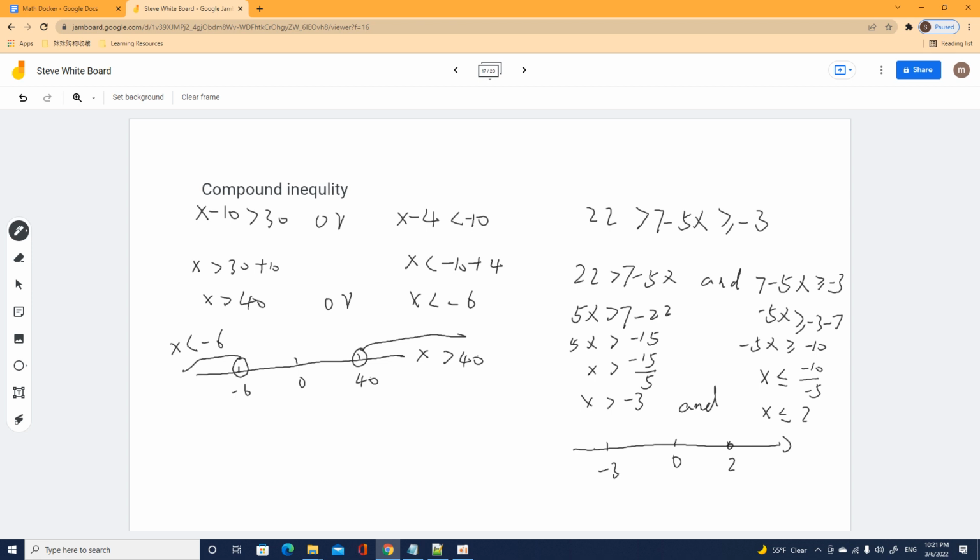This one is a dot. This one is a circle. So x is in this area. So this is about the compound inequality.